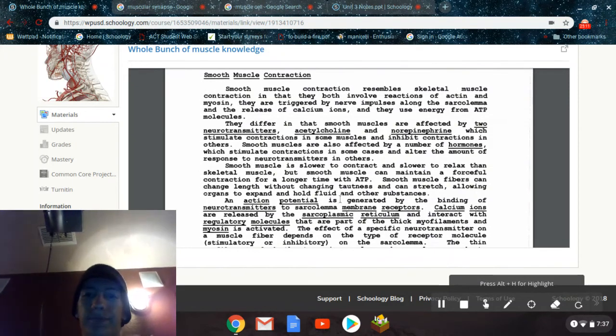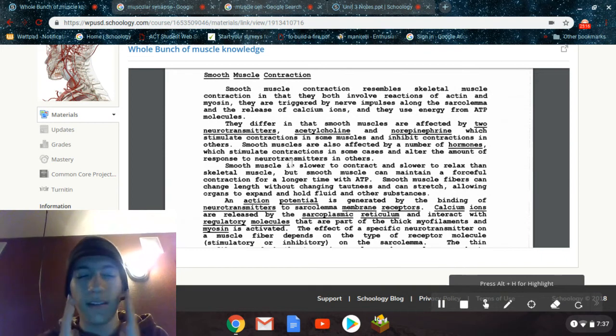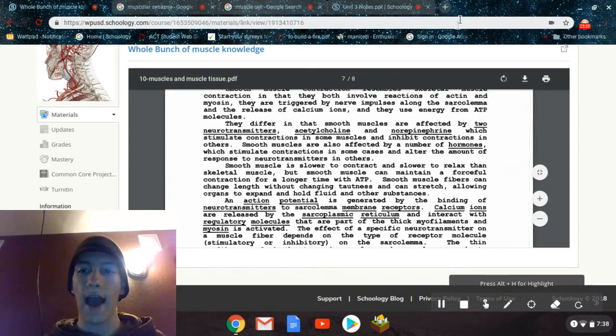But just like skeletal muscle, they have actin and myosin, and that's how they move. They have sarcomeres, but they're not as organized as in skeletal muscle.